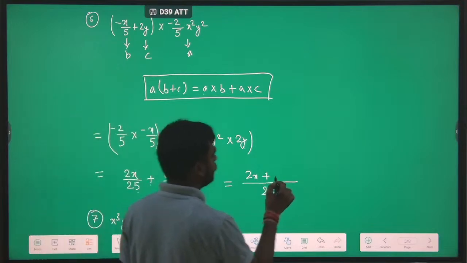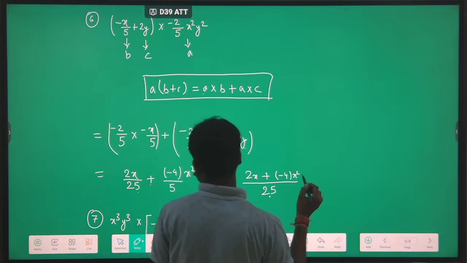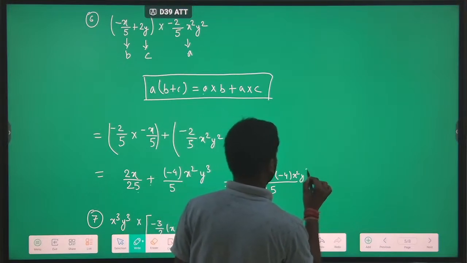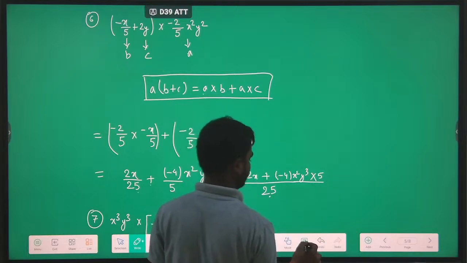So this minus 4 x square y cube will be multiplied with 5. So what will we get?